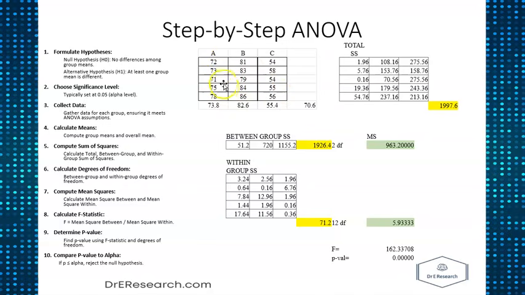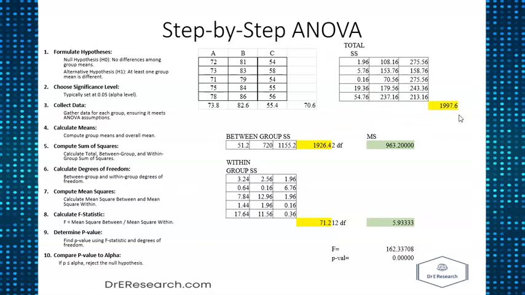For each one of these values, I subtract the overall mean, 70.6, and square it. And that's what's given in this table here. You can see this 56 is farthest from that, so it's got huge numbers. So we've got some small, some huge. Then all of these values are added up to give me my total sum of squares, which is that 1997.6.